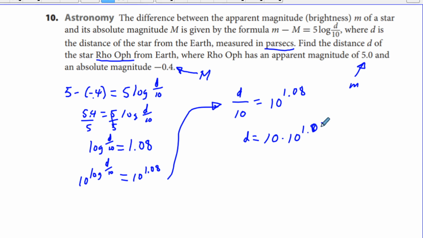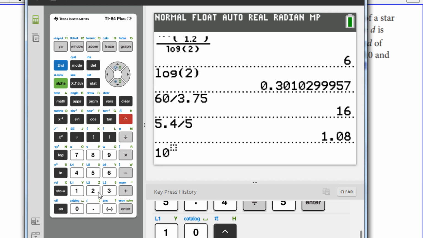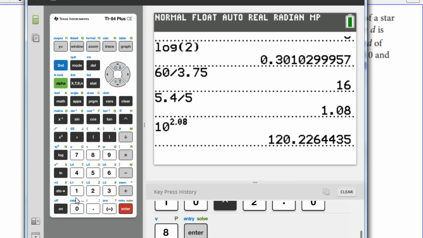And what does the property of logarithms tell us that is going to be? You can either just multiply by that, or it's going to be 10 to the 1 power times 10 to the 1.08. So this is going to be 10 to the 2.08 power. So d is going to be equal to 10 to the power of 2.08. And if you didn't catch that, you could have also just made this 10 times 10 to the power of 1.08.